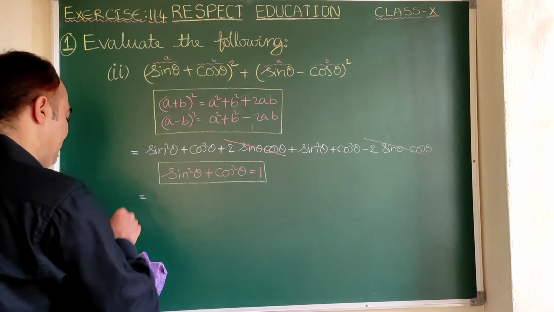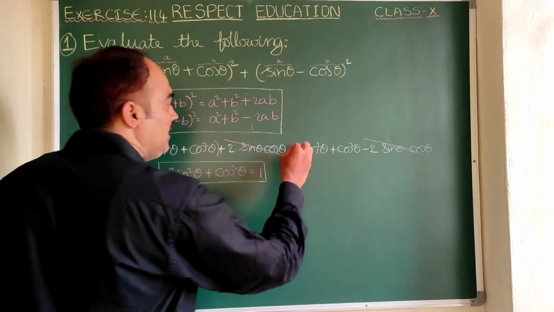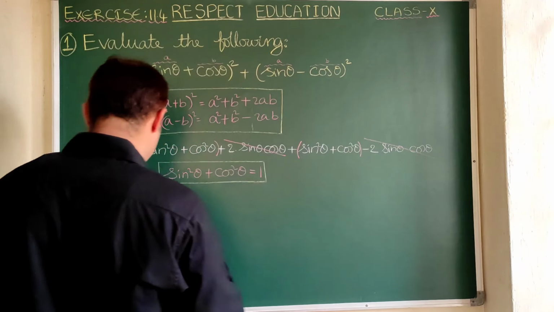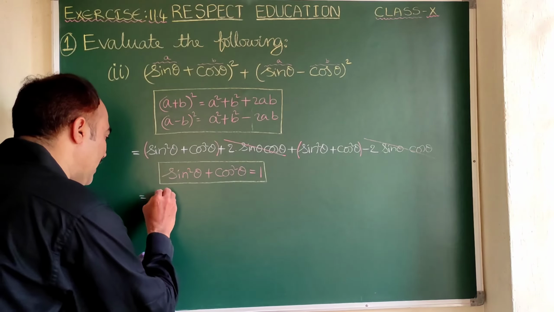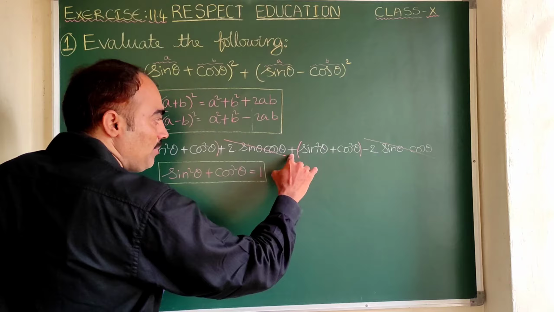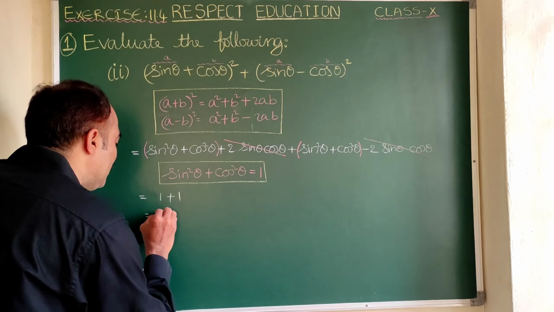Observe carefully, this is sin square theta plus cos square theta. Here also sin square theta plus cos square theta. Now this can be written as 1, and this can be written as 1. Here plus 1 or minus 1? Plus 1. Now 1 plus 1 is 2.